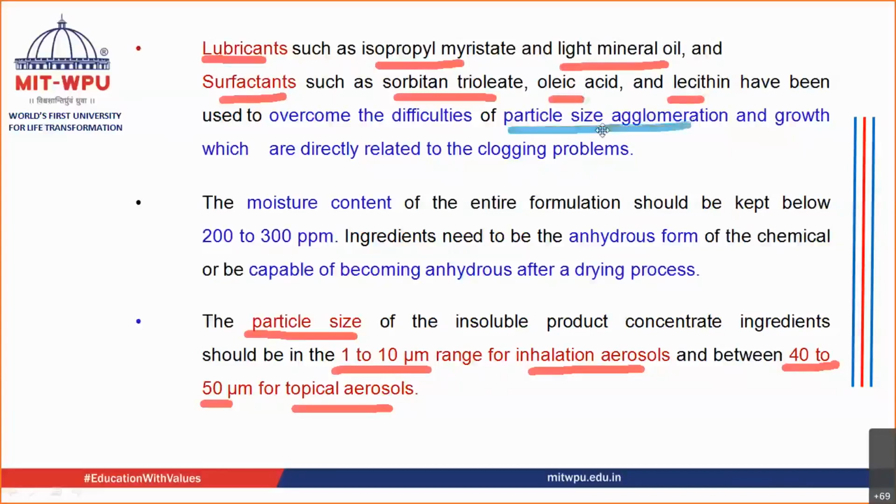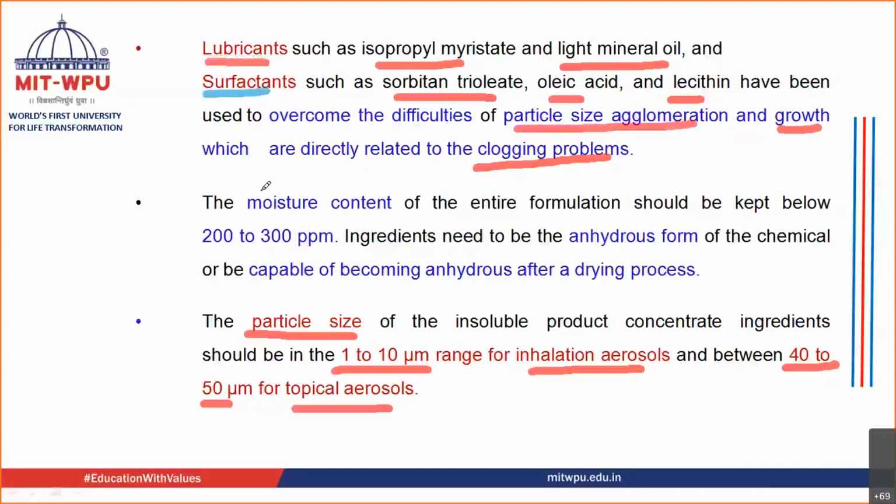If you overcome the particle size agglomeration and growth, then if there is no growth of the particles, the clogging problem would also not take place. So this clogging problem, the growth of the particles, or particle size agglomeration can be stopped with the use of lubricants and surfactants.